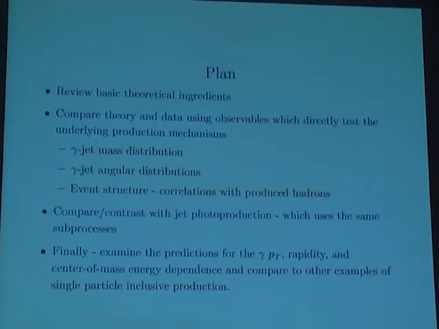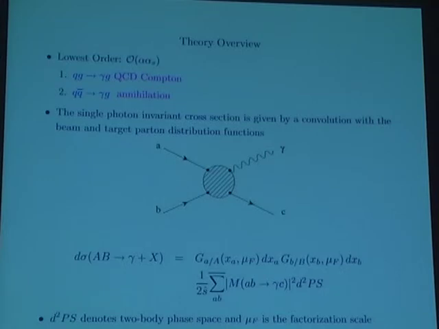I'll also draw some comparisons with jet photoproduction, which, after all, has a photon participating in the hard scattering, but in a different way. It's in the initial state rather than in the final state. And along the way, we're going to take a look at other examples of single particle inclusive production in pions and see what we can learn comparing production of photons with pions.